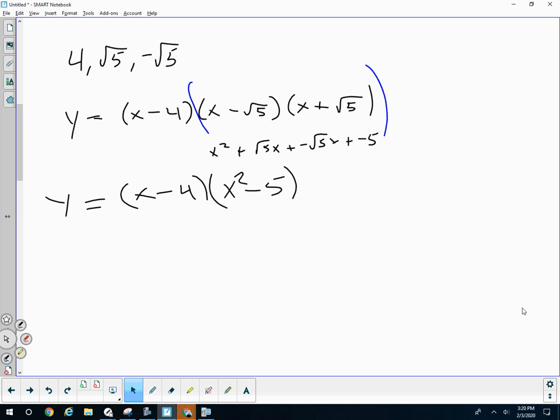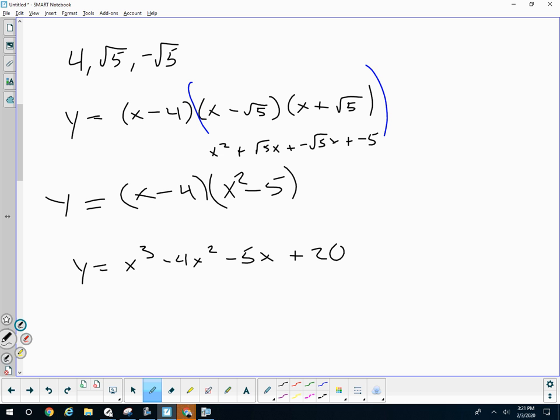Okay? I got an x cubed. I got negative 4x squared. I got negative 5x's. I got positive 20. Yep, that's the standard form of your polynomial with those roots.